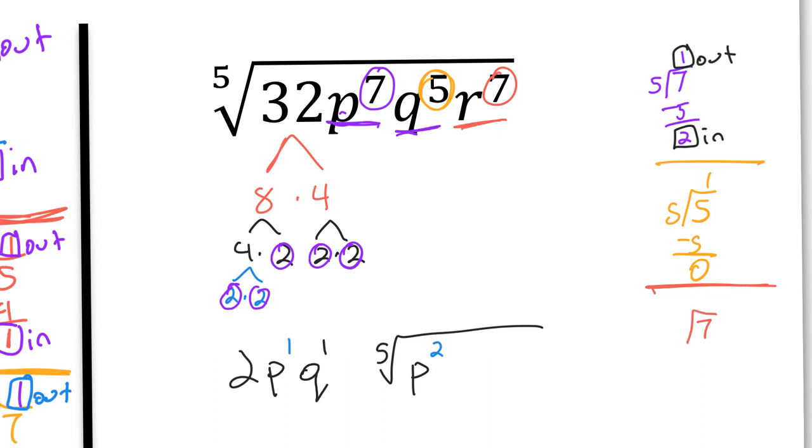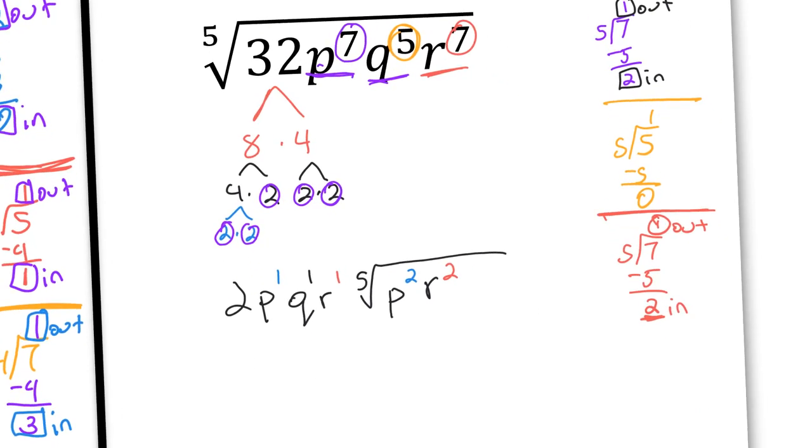So 7 divided by 5, that's 1. And the remainder is 2. So you will have r to the first power outside, r to the second power inside. Remember, the bottom number goes inside and the top number goes outside. And those are the exponents you will use.